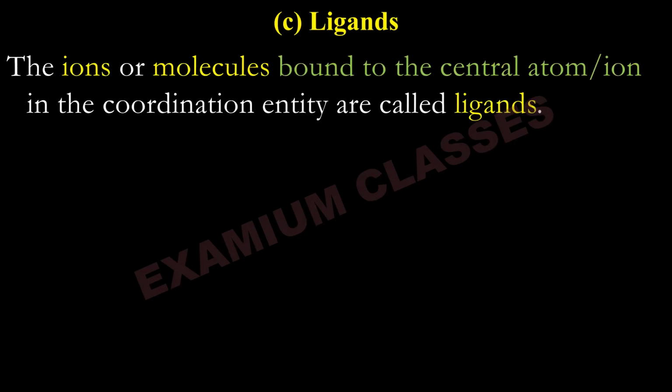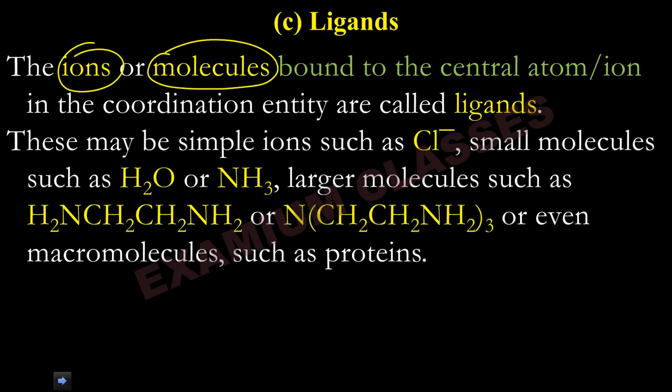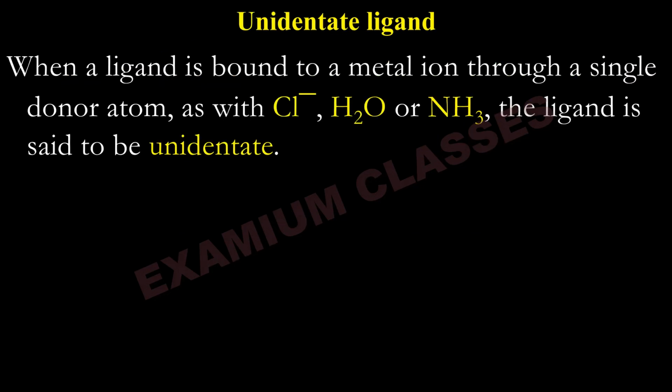Then ligands are attached to the central metal atom. These can be ions, or neutral simple molecules. So some are neutral, and for example this one is anionic only.